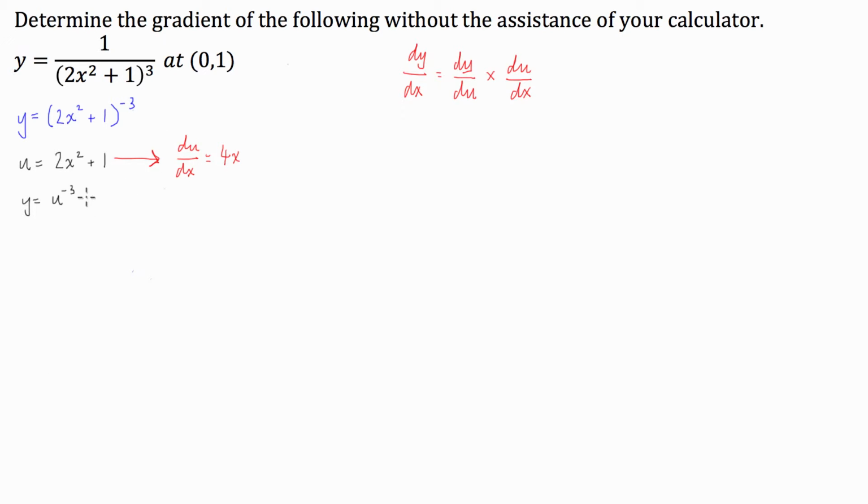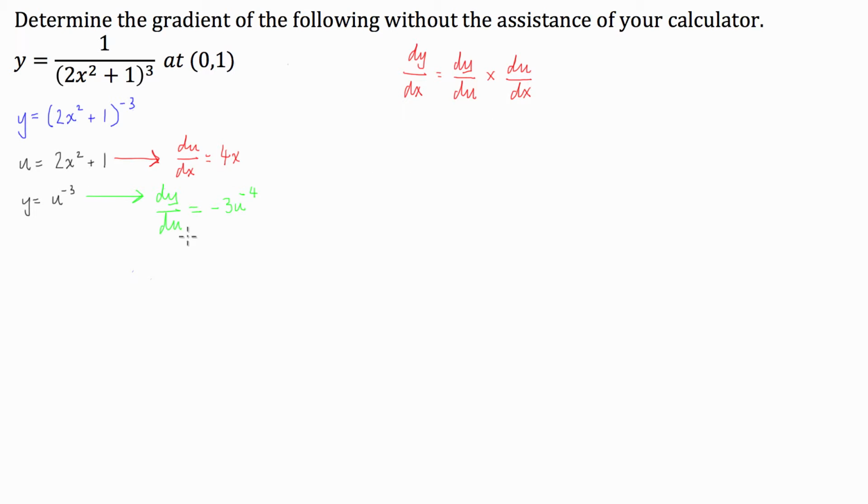Now we're going to do y in terms of u. So dy du is going to equal, now the 3 comes down, we times by the 1 coefficient that's out the front, and we'll have negative 3u, and we reduce the power by 1 to the power of negative 4. Great. Alright, that's all that legwork done.